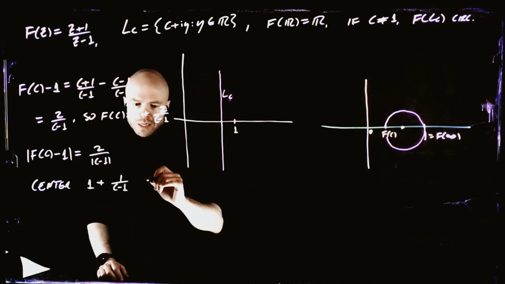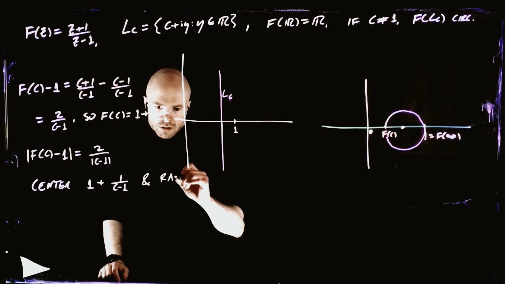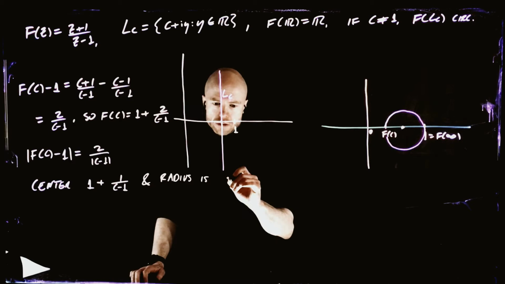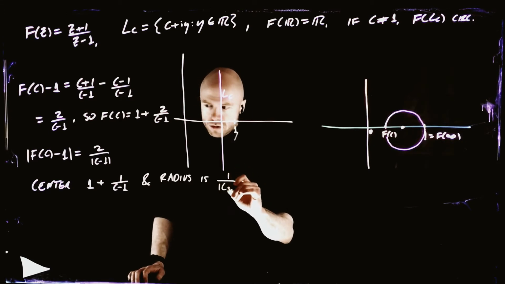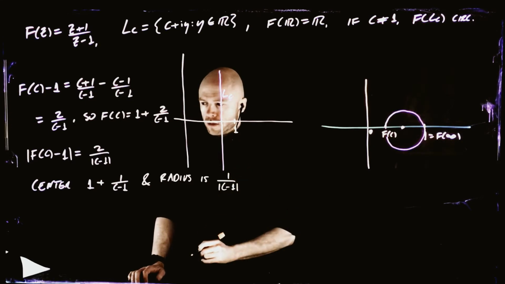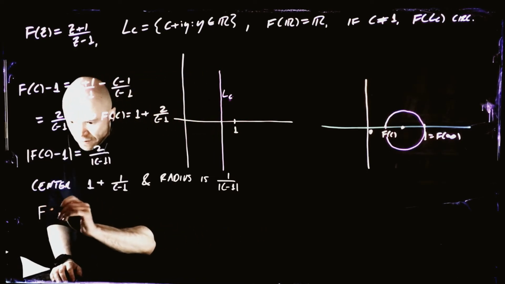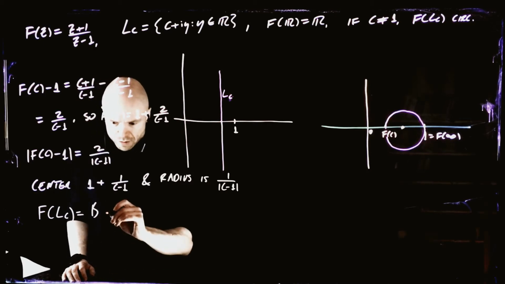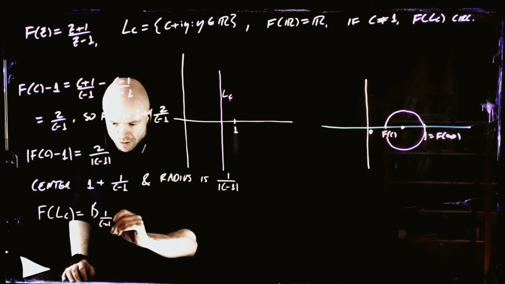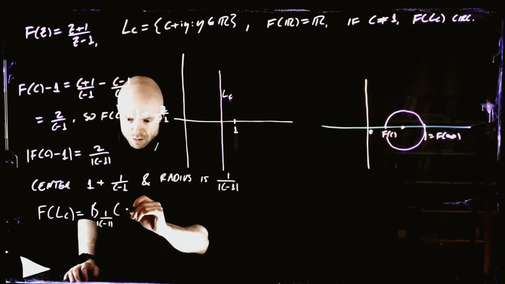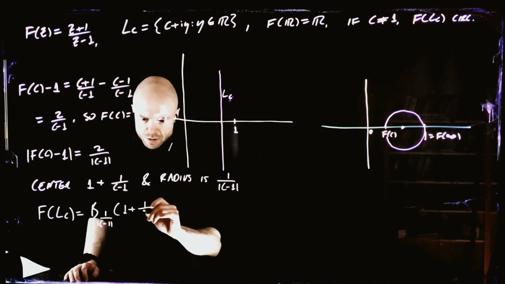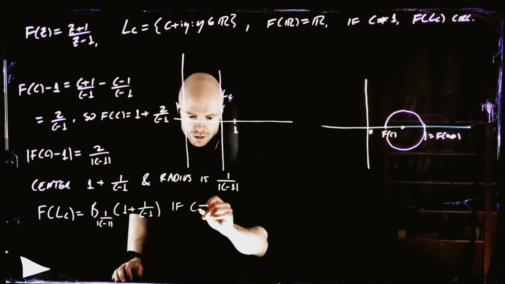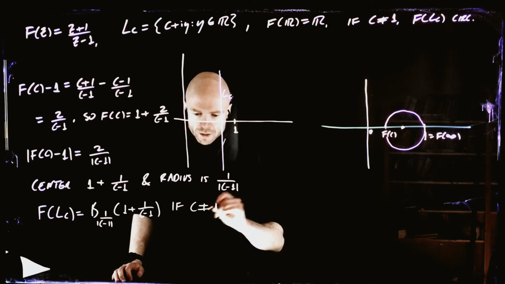So center and radius: the radius is exactly half of this thing, which is 1 over C minus 1 in absolute value. So finally we can write that f of L of C is the ball of radius the absolute value of 1 over C minus 1, centered at 1 plus 1 over C minus 1, if C is not equal to 1.